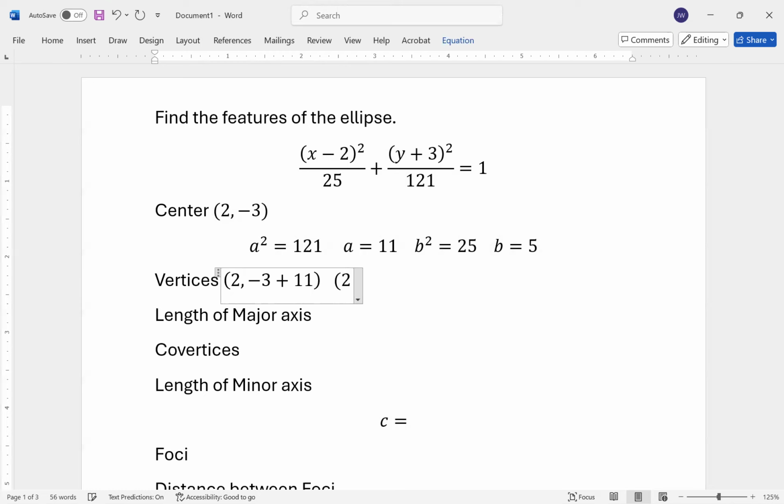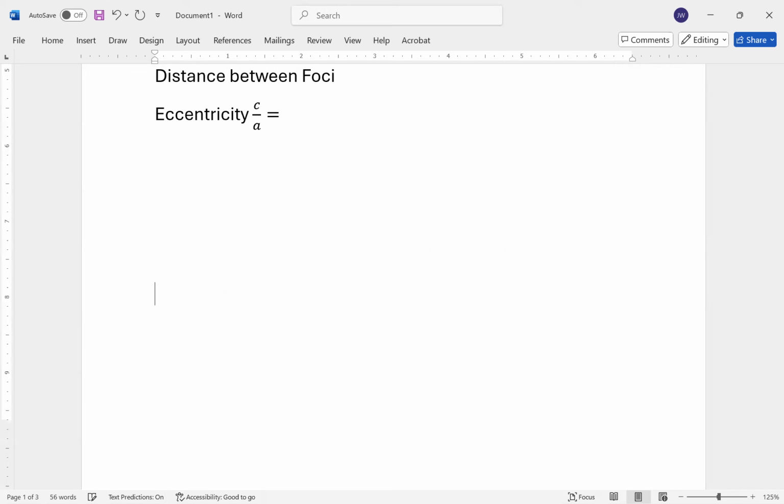And the other vertex is going to have negative 3 minus 11 as its y value. Now I'm going to do the arithmetic here. Negative 3 plus 11 is 8. Negative 3 minus 11 is negative 14. Oh, hit the wrong button.